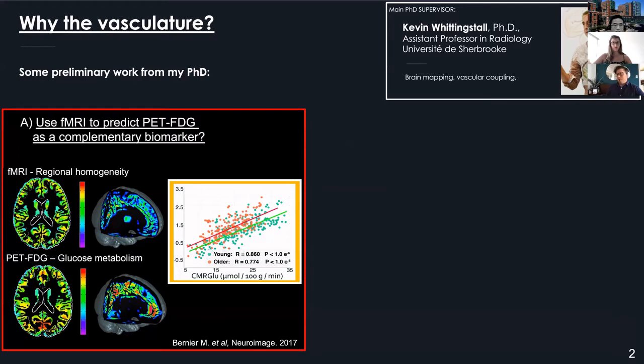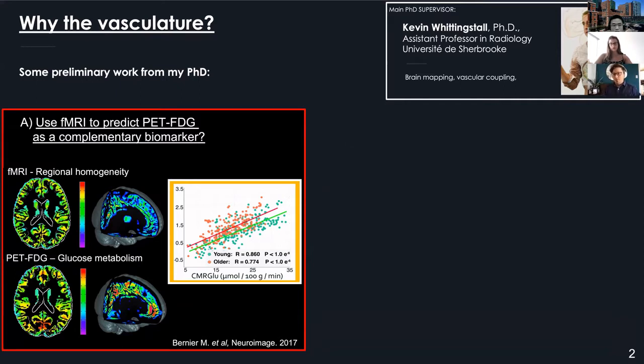So during my PhD, at first, my project was to try to find biomarkers of Alzheimer's in MRI, and it was based on PET-FDG images. So basically, we wanted to look at fMRI and see if there was some concordance with PET-FDG glucose metabolism.